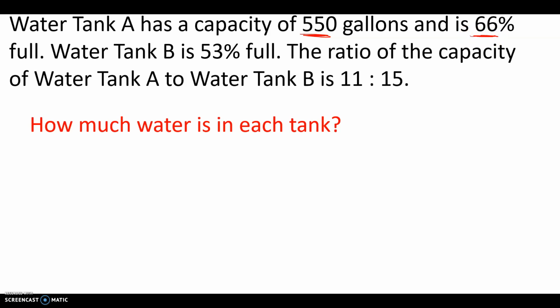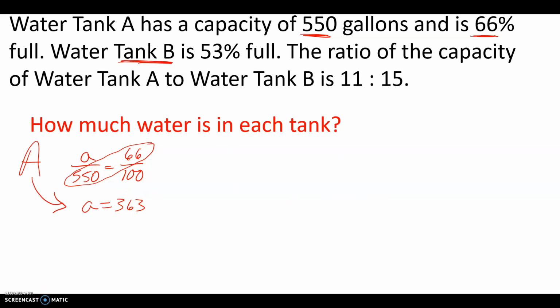So A over 550 is 66 over 100. I'm doing proportions. I like doing proportions. When we do our cross products, we multiply 550 times 66 divided by 100, and that gives us 363.